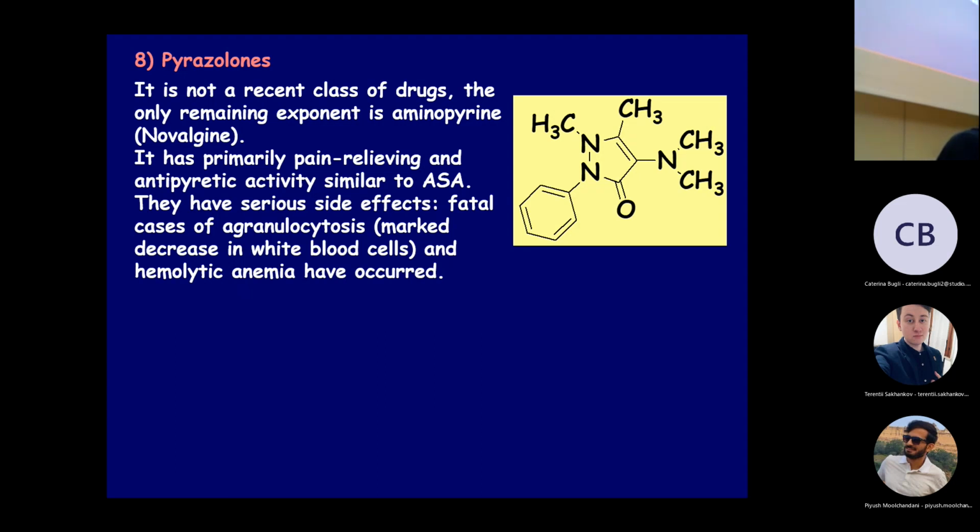So this compound is still present in pharmacy, but under prescription by medical doctors. It's not free. And so you can use this type of compound, but under medical prescription due to the severe side effects. So you can understand it's not so important.